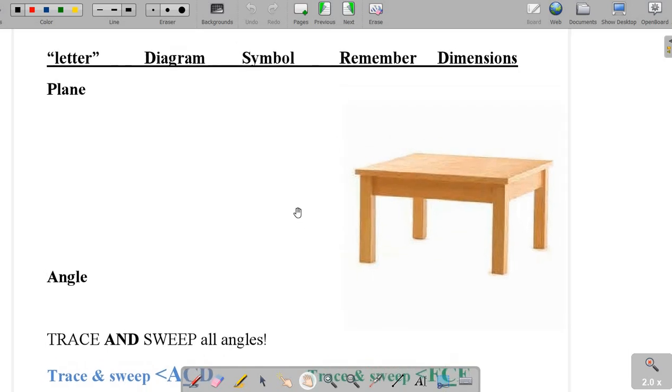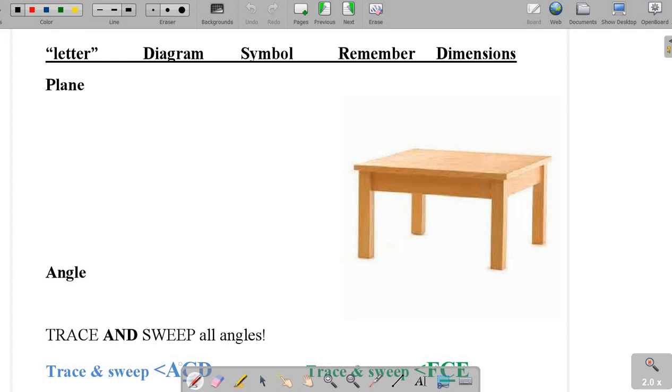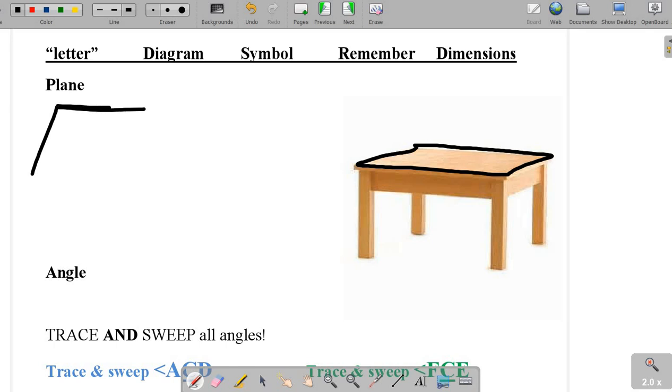Now, a plane is what you would consider like the tabletop. We're going to first draw it here on the tabletop, and now I'd like you to redraw it in a 3D tilted form. Watch my letters here.